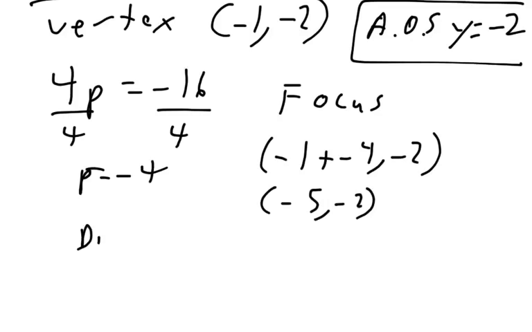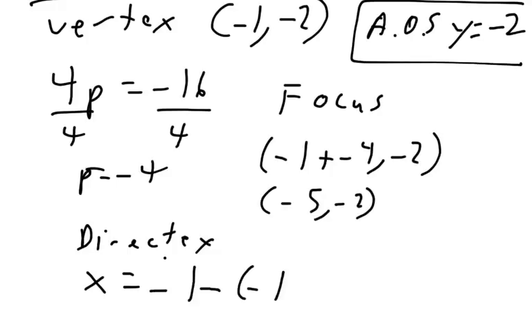And for the directrix, we have x equals h, which is -1 minus -4. So we got x equals 3. So we have given all of the information that they're asking for in problem number 9.